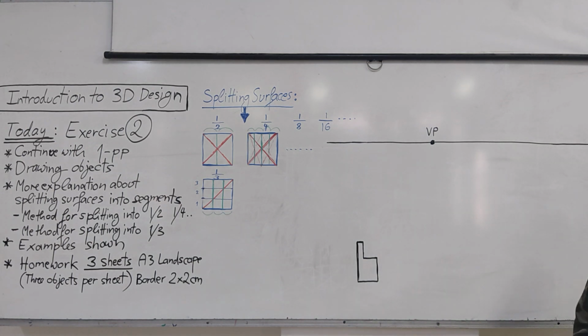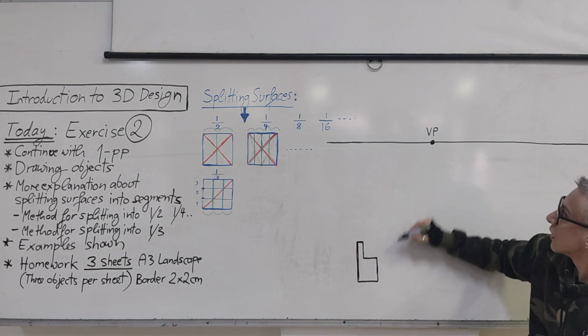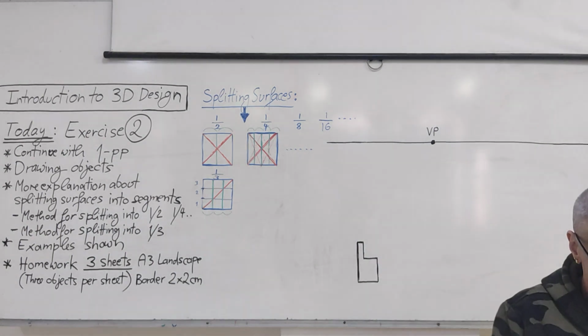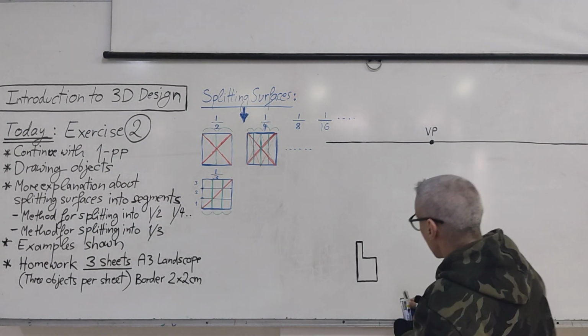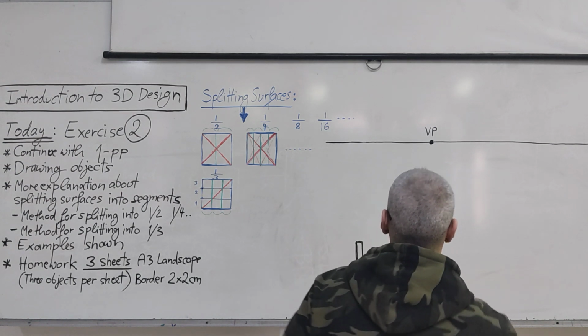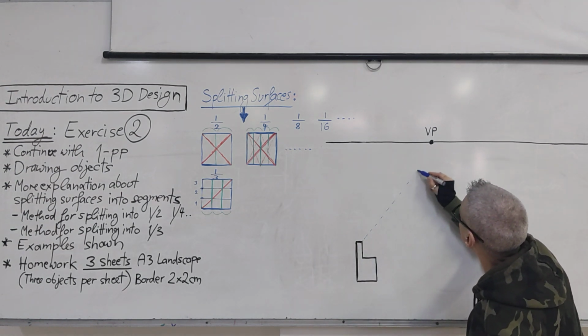So, face of an object. Now we will take from each of the corners to the vanishing point. We'll take from each of the corners towards the vanishing point.